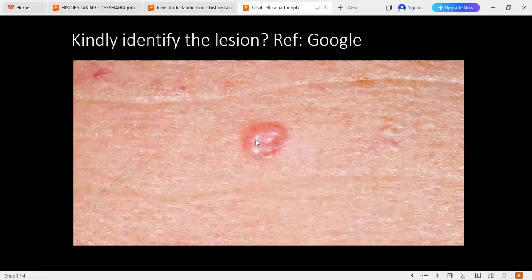Okay, what measures can you suggest which can prevent recurrence from deep margin involvement during reoperation? No, there is again that frozen section, that same Mohs microscopic surgery.